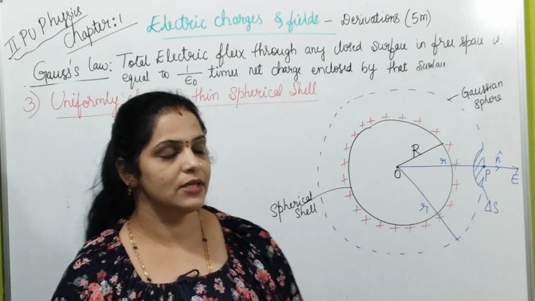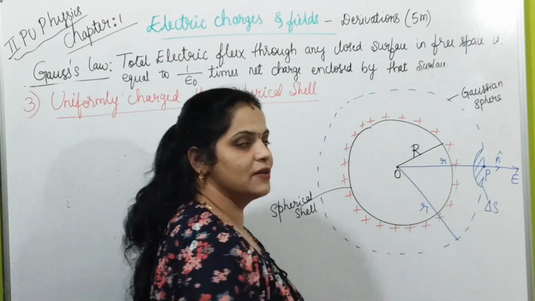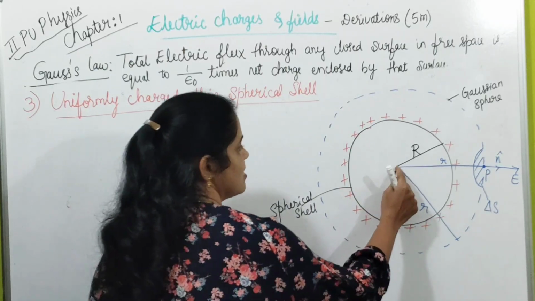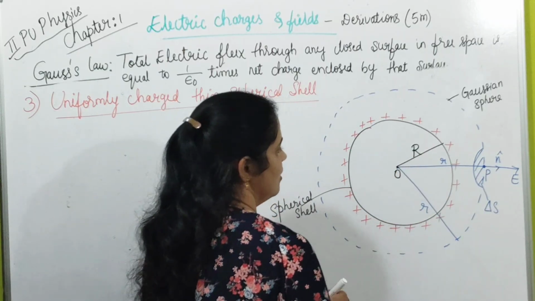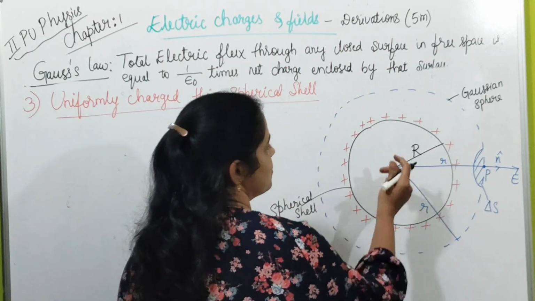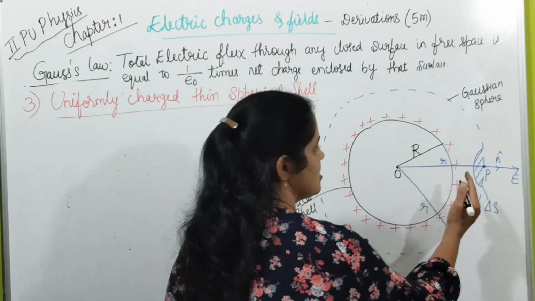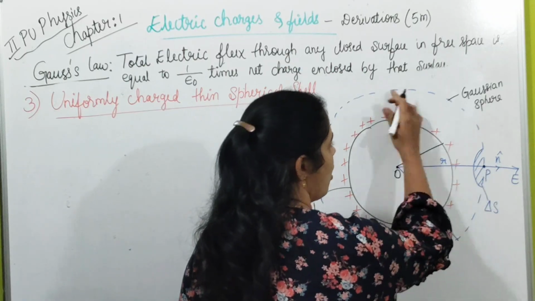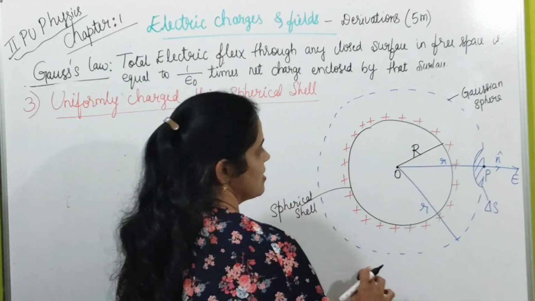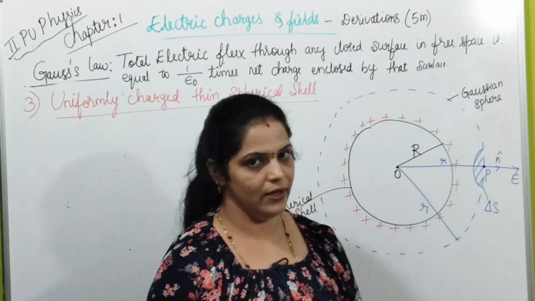So here first we need to draw the diagram. So spherical shell which is positively charged, or you can also consider negatively charged. So radius of this shell is capital R and O be the center of the shell. Now to find out electric field outside the shell, where point P is outside the shell. Here we need to consider one Gaussian surface, which is, again, a sphere, a Gaussian sphere.